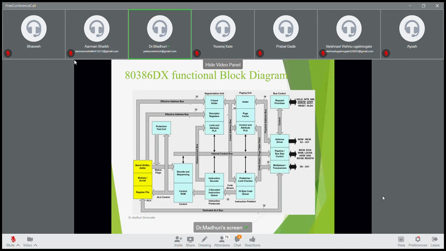What do you mean by trans receiver? बोला पटकन. Trans receiver. What do you mean by trans receiver?